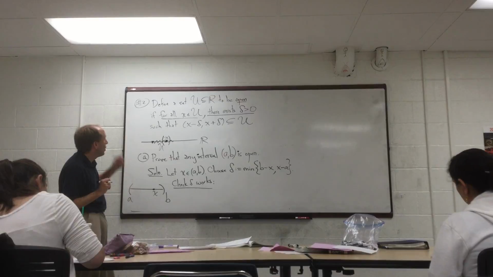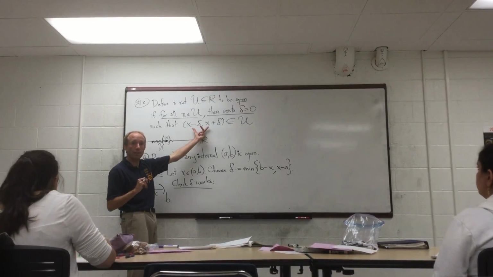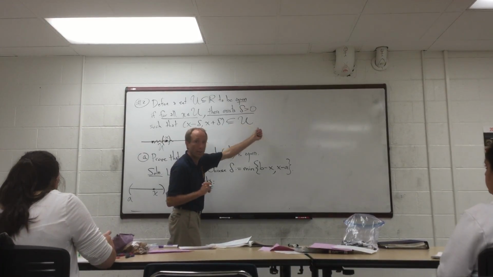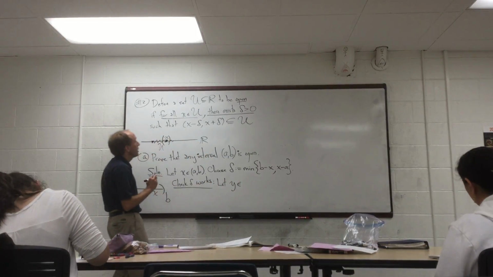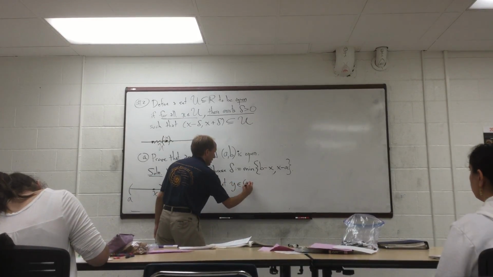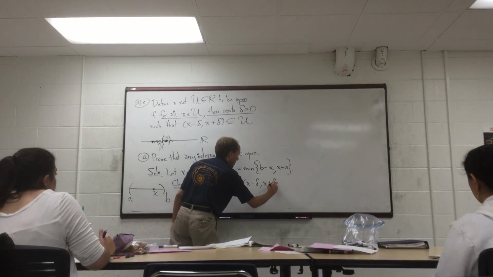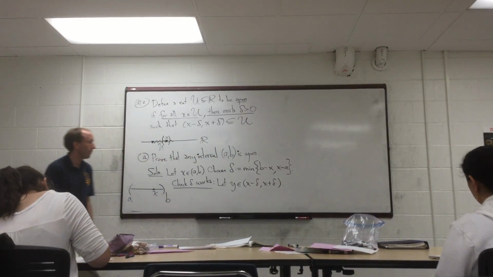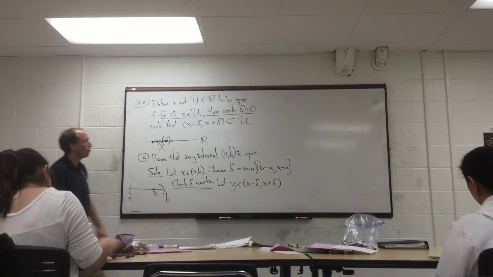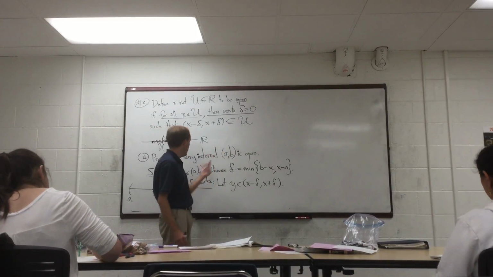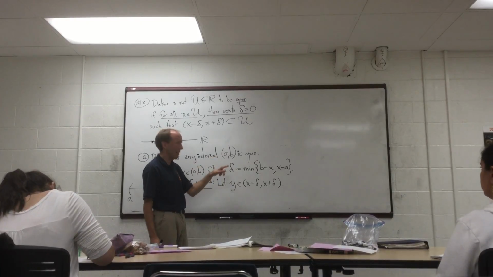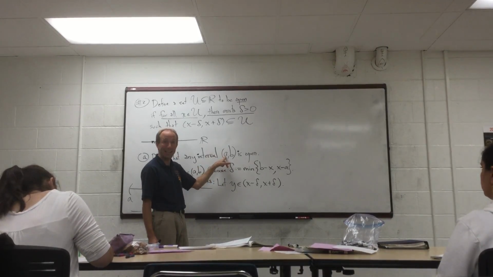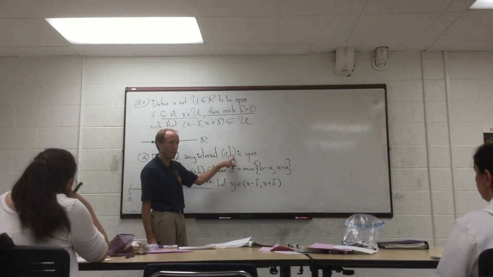All right. So I have to pick an element that's here and then show that it lives here. Okay. So let's let y be an element of (x minus delta, x plus delta), right? And we just want to prove that y is in the open interval (a, b). In other words, we really need to prove that y is bigger than a and smaller than b. Agreed?